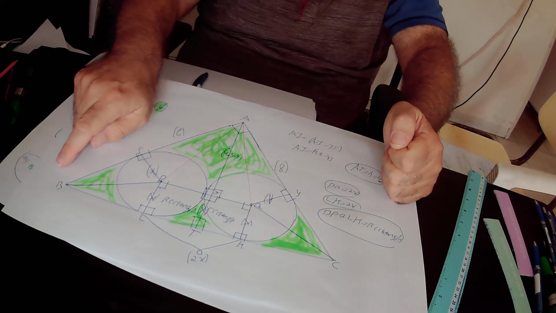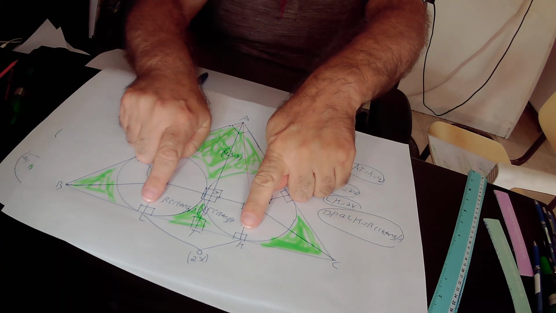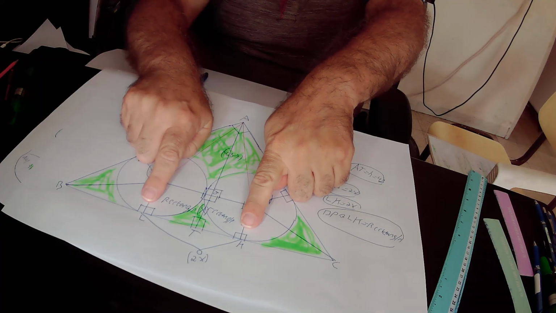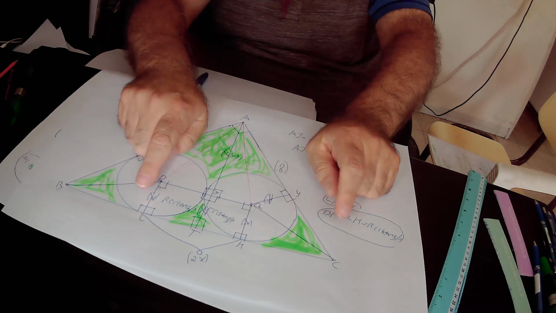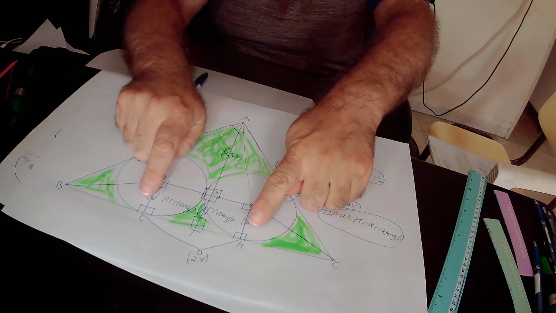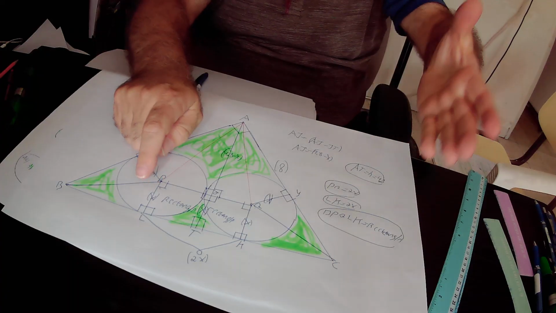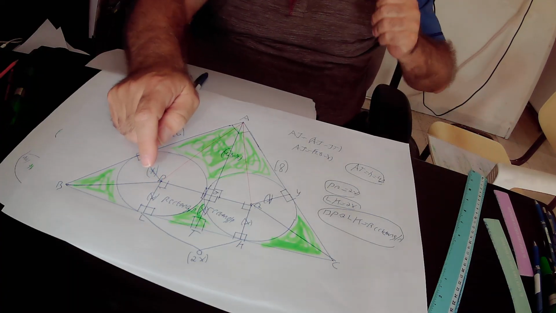Again, if we remove from side BC line segment LK, we are left only with BL plus KC. So BL plus KC equals BC, that is 10, minus LK, that is 2x. So in total BL plus KC equals 10 minus 2x.